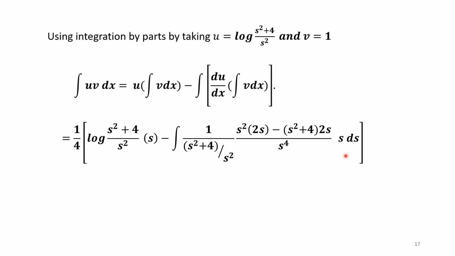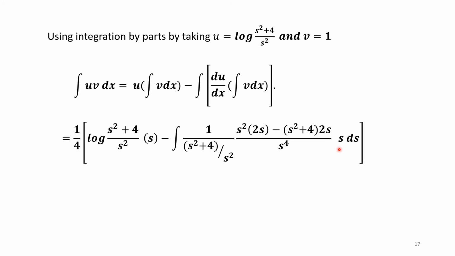We have taken v as 1, so integral v will become s, because s is the variable here. So u into integral v minus integration of derivative of u into integral v ds.